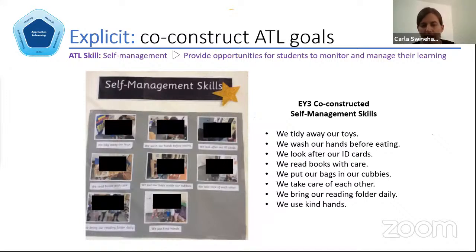This was when we were together in person. We've been playing around with throwing the category out there, like self-management, and seeing what the kids think that is. Then we take their language and their understanding, and it's immediately differentiated for them. This was the EY3 co-constructed idea of what self-management skills are.